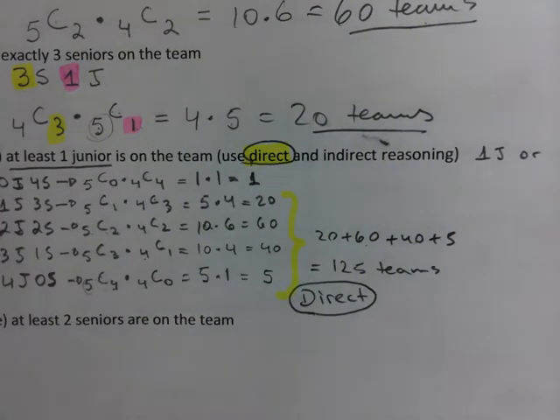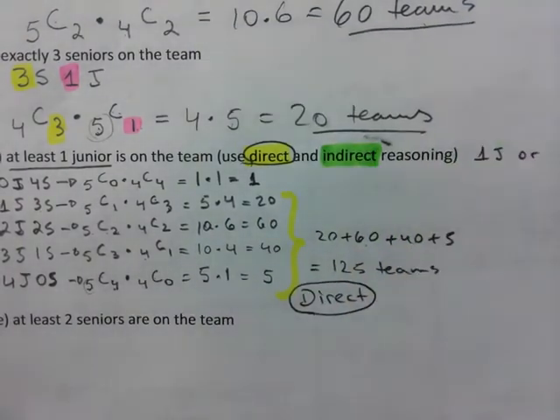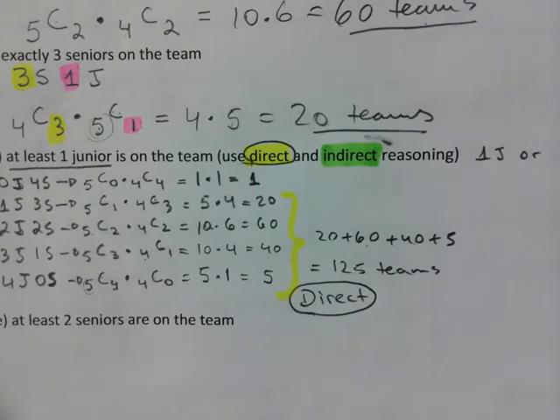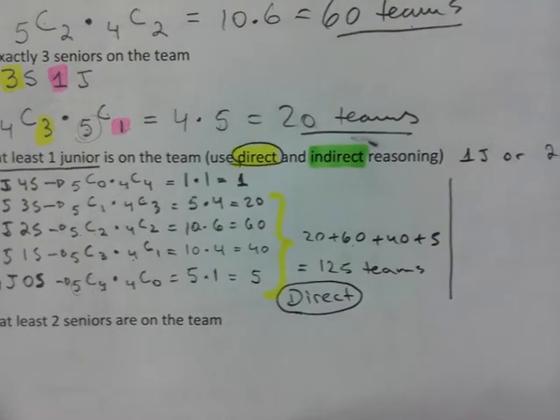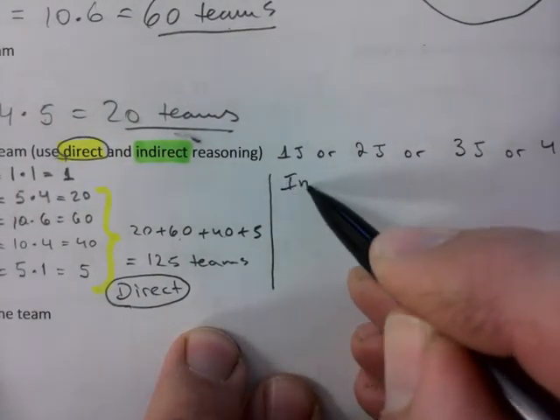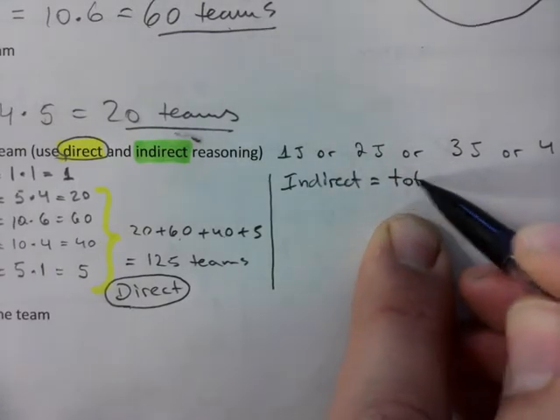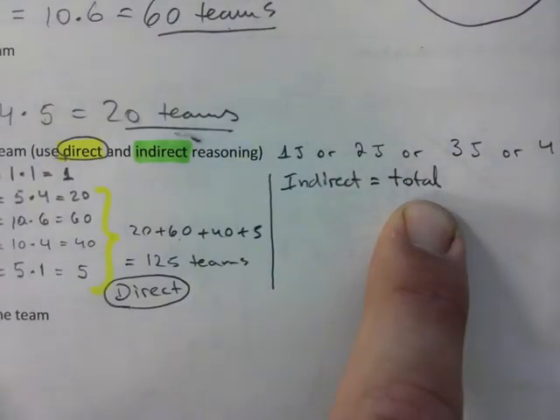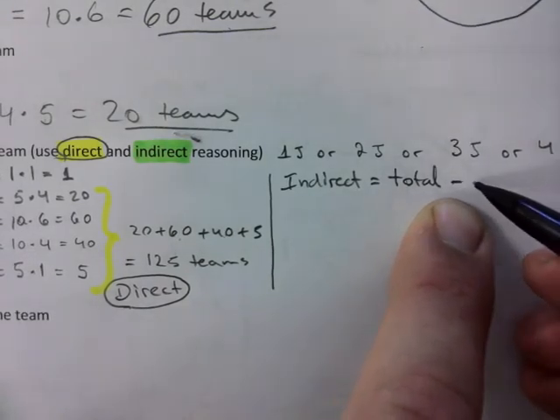Indirect, I'm going to use green. Indirect reasoning is different. Indirect, we're going to take the total without restrictions minus, what are we going to subtract?